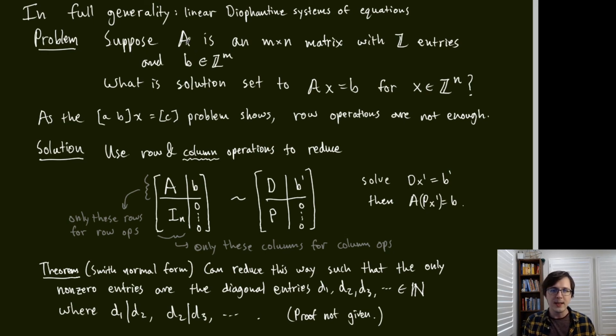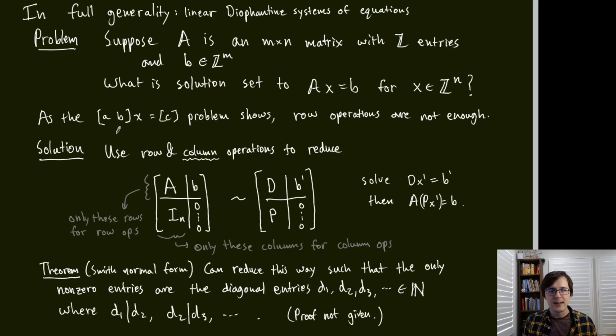Let's say that we have an m by n matrix A with integer entries, and an integer vector b in Z^m. And we want to figure out the solution set to Ax equals b, where x is also an integer vector.